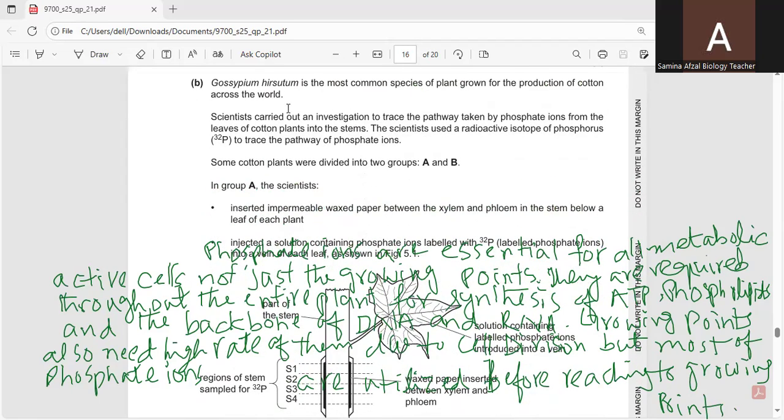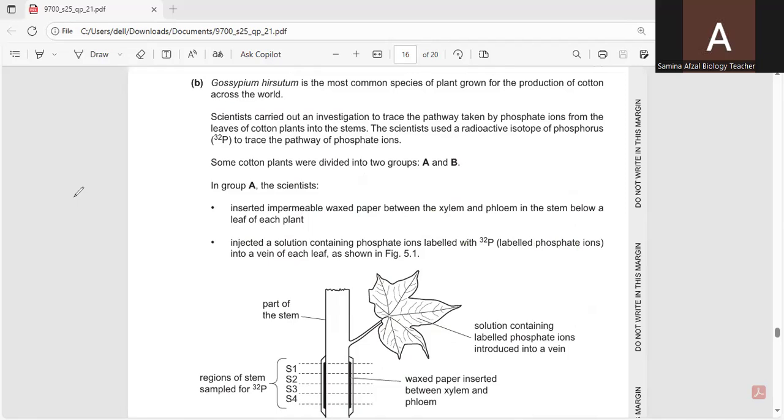Now the next part B is: Gossypium hirsutum is the most common species of plant grown for the production of cotton across the world. Scientists carried out an investigation to trace the pathway taken by the phosphate ions from the leaves of cotton plants into the stems.